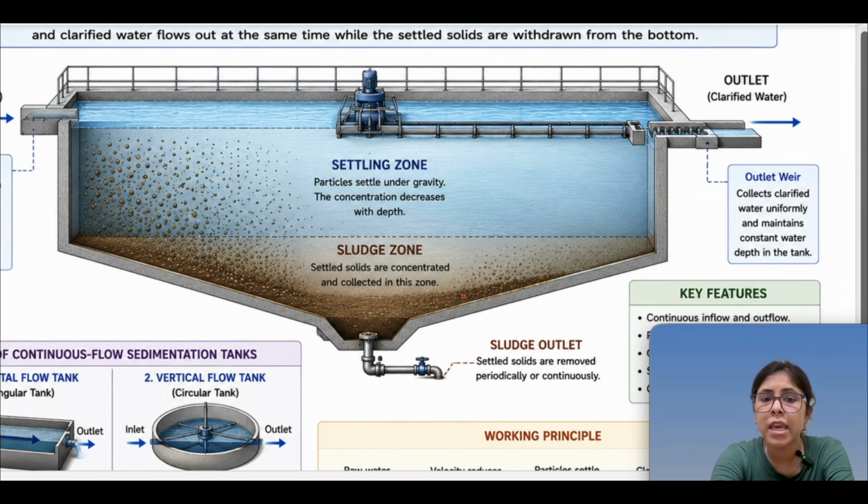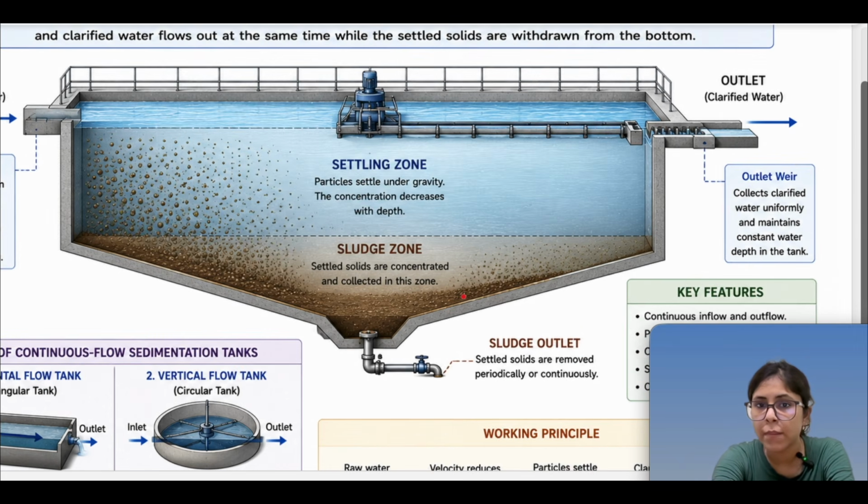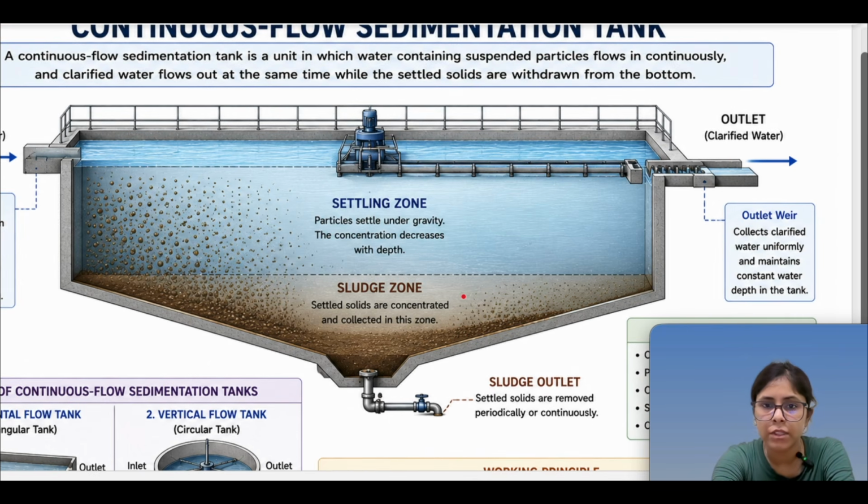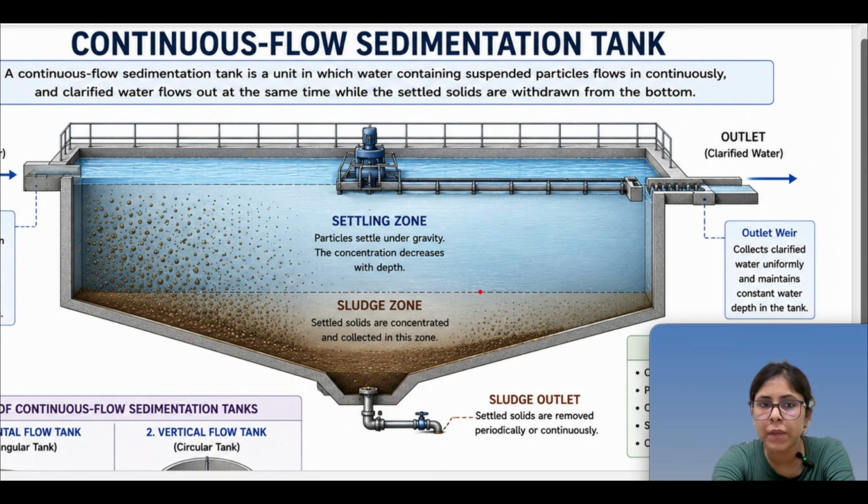So it is the same as we saw the sedimentation tank in the initial part of the lecture. I showed you the picture. There will be an inlet from where raw water is coming. There is an outlet from where the clarified water is collected. There will be a settling zone. Then there will be a sludge zone.